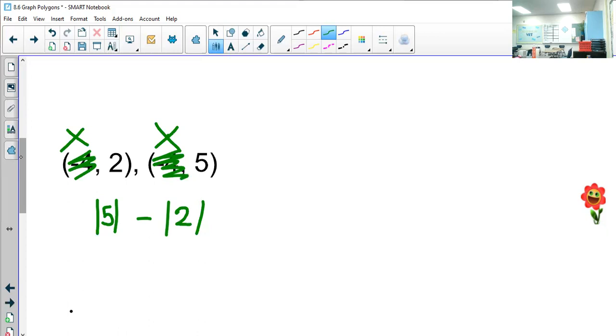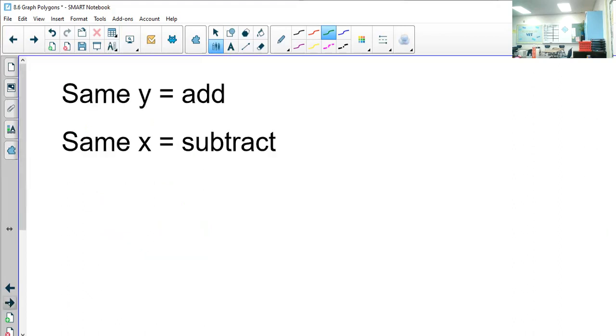The absolute value of 5 is 5. The absolute value of 2 is 2. 5 minus 2 is 3. That's really all we're doing here. The biggest thing you're going to have to remember is if they've got the same y, you add. If they have the same x value, then you subtract.